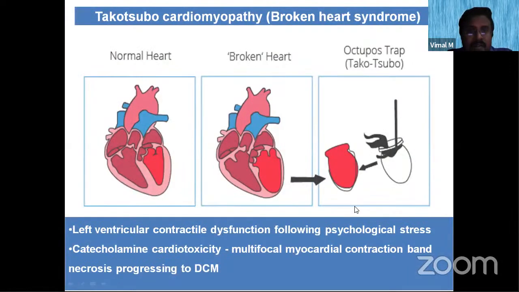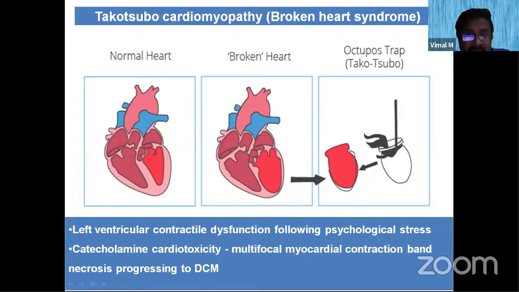What is Takotsubo cardiomyopathy? It is actually called broken heart syndrome. It is a left ventricular contractile dysfunction following a psychological stress. Whenever there is a psychological stress or an emotional outburst, more catecholamines are released from the body.